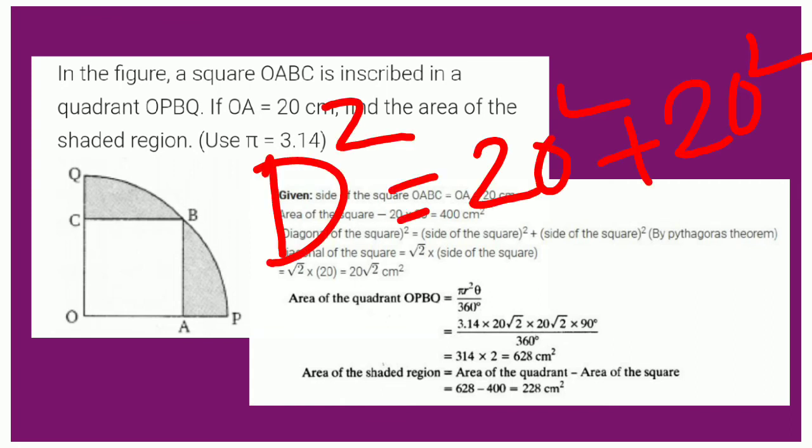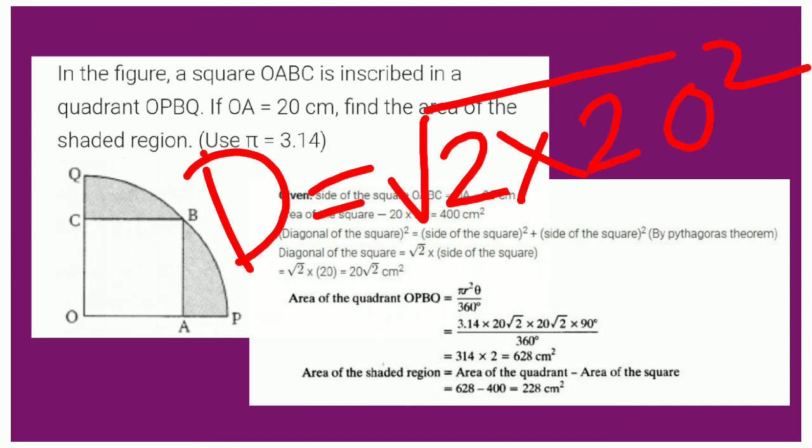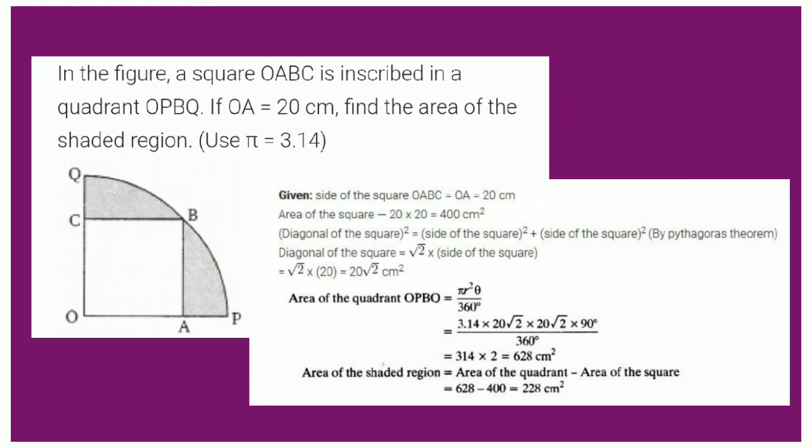Then diagonal square is equal to 20 square plus 20 square, which can be written as 2 times 20 square, or diagonal is equal to root of 2 times 20 square, that's equal to 20 root 2 centimeter. So this is the radius of the circle.